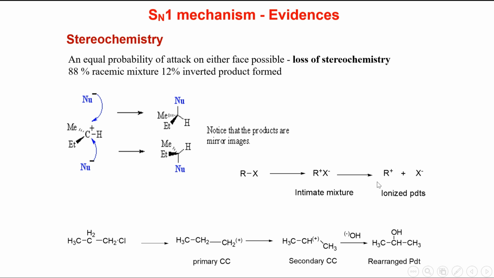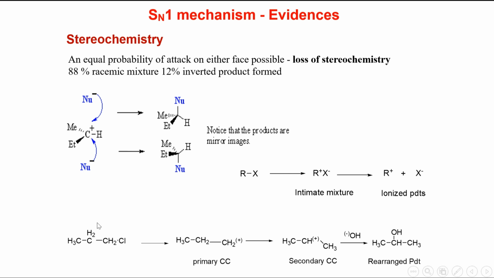And then, once this ionized product is formed, the attack takes place from backside and front side equally. That's why it gives 88% of racemic mixture, and the attack on the intimate mixture from backside is why it gives 12% inverted product.